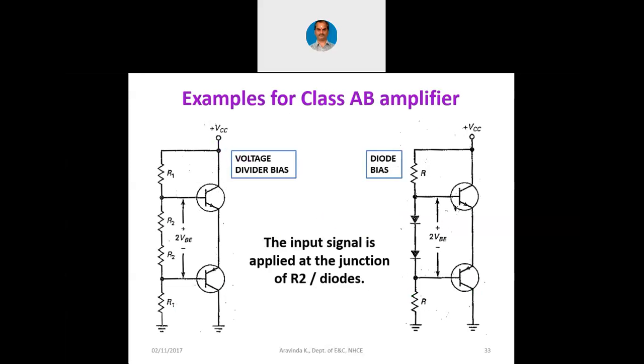You can see these examples. These are the examples of class AB amplifiers. At the left side, you can see a voltage divider bias network where R1 and R2 are part of the voltage divider bias for the upper transistor. Again, it is the same case with the lower transistor, but we apply the input at the junction here. Let me annotate.